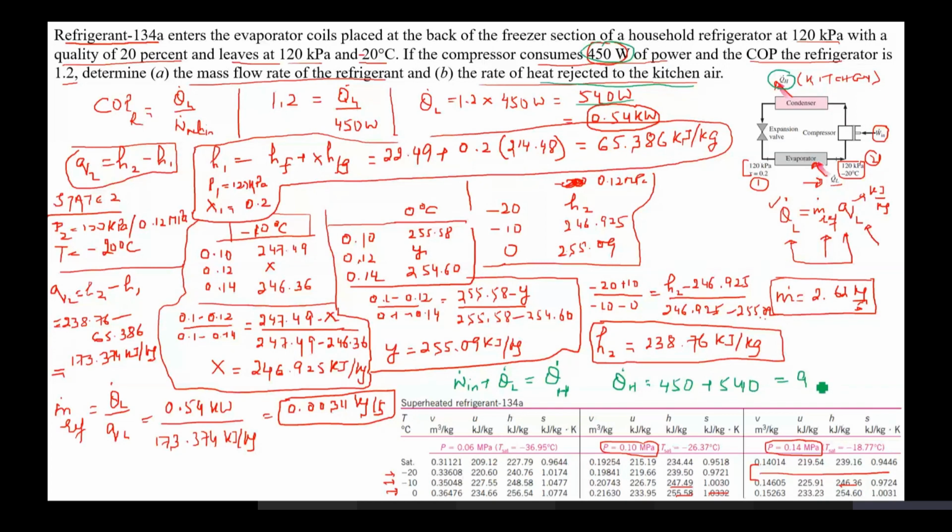So this would become altogether 990 watts or 0.990 kilowatts. So this would be your part B. Clear?